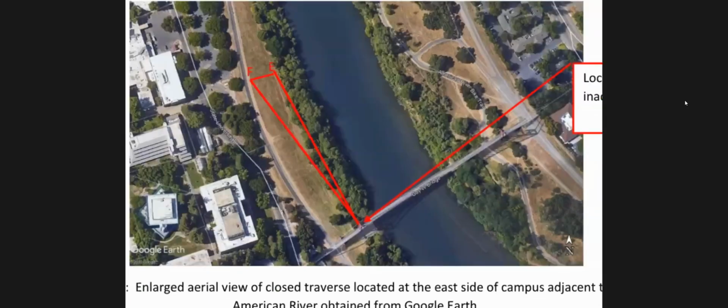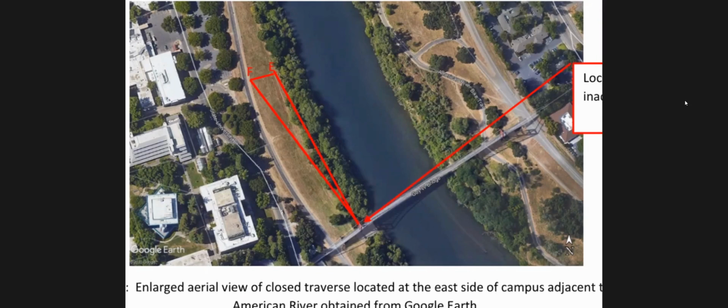The lab manual instructs us to set up at points A and D. Well, when that lab assignment was created, that worked fine.